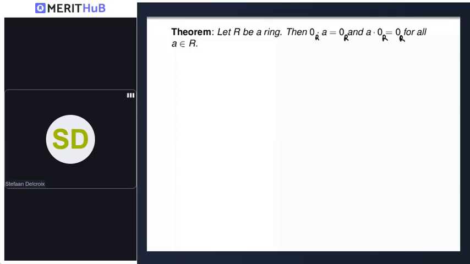Because 0 comes from which operation? What does the 0 stand for? It's an identity, but under which operation?